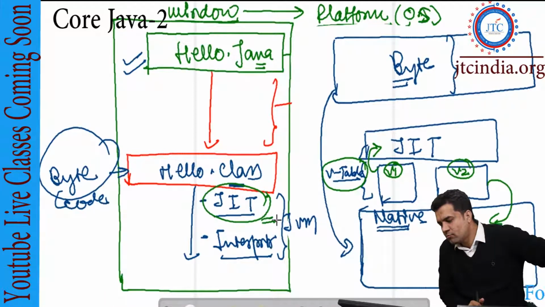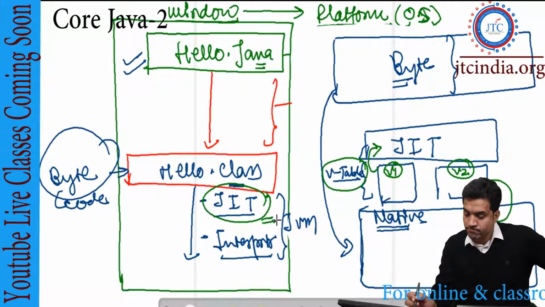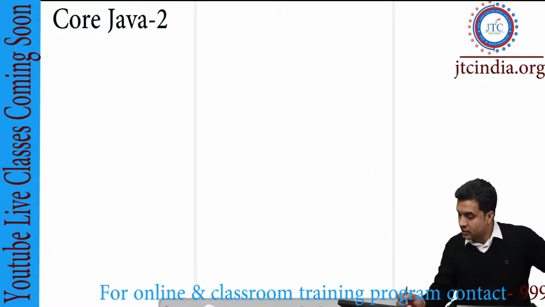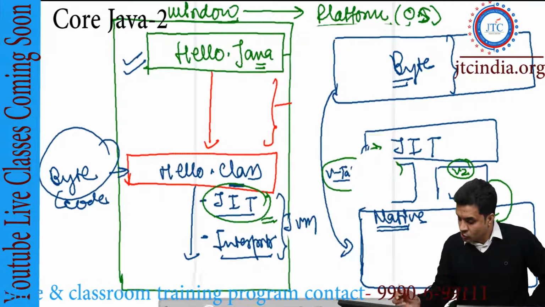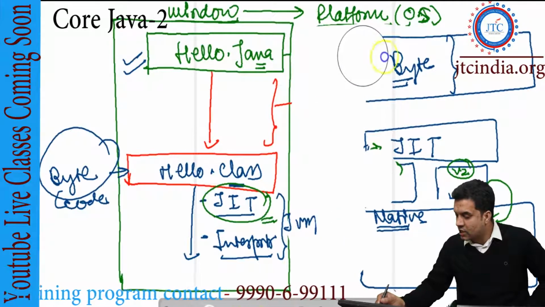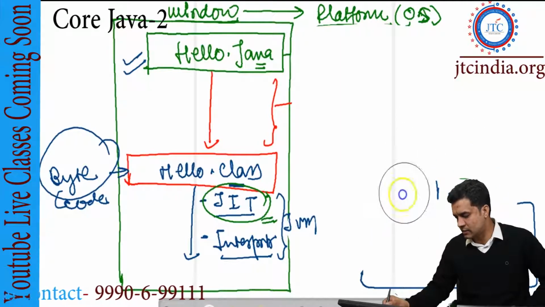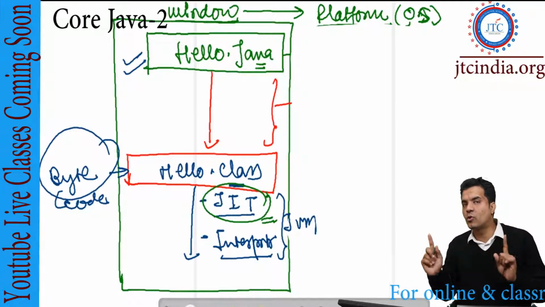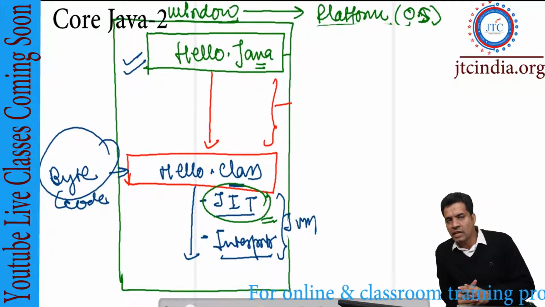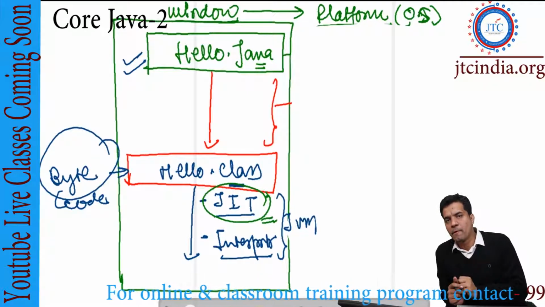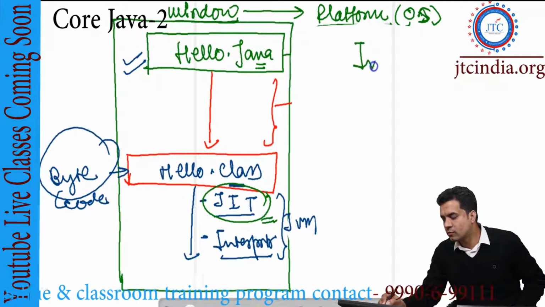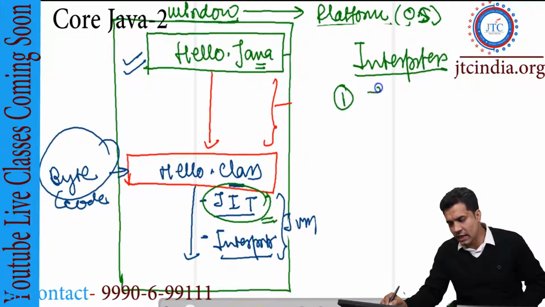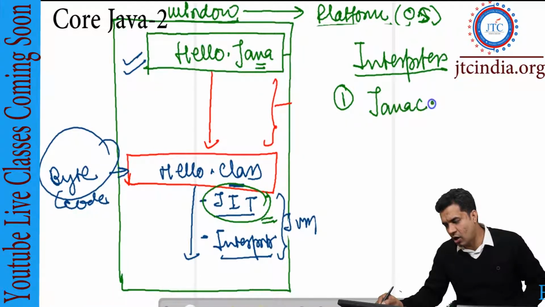Next, when I'm talking about the interpreter, as I'm writing here, remember it: the interpreter is also a program. Whatever interpreter we have is also a program, with the name of Java dot exe.